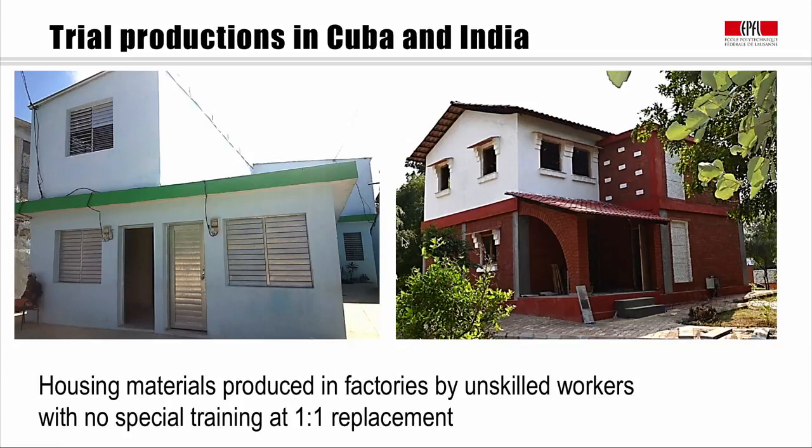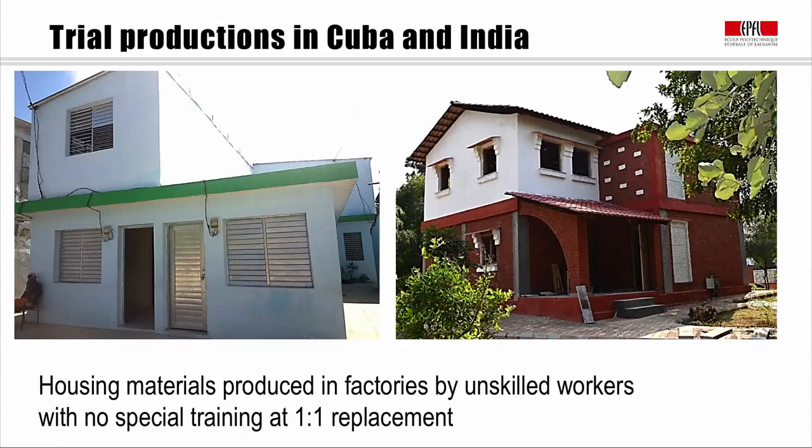And we've taken those kind of waste materials, we've made full-scale trial productions. This just shows a couple of houses produced from these productions. This one in Cuba here, this one in India. All the materials, the concrete blocks, the render, here the roof tiles, etc. These are all produced with LC3 material.